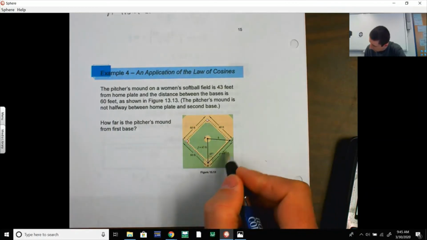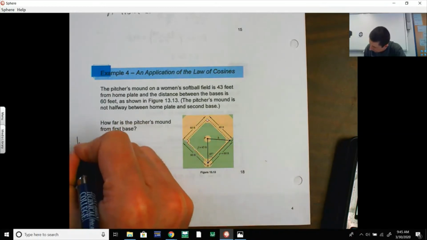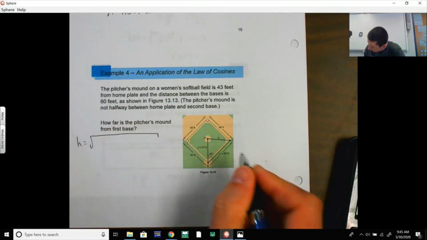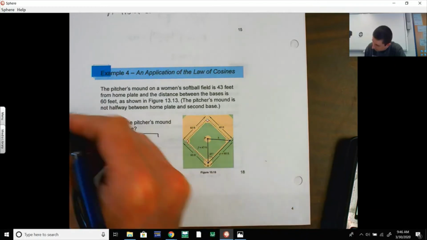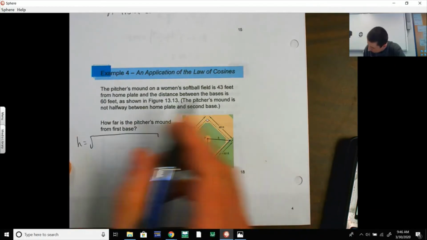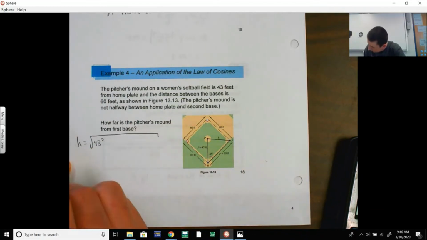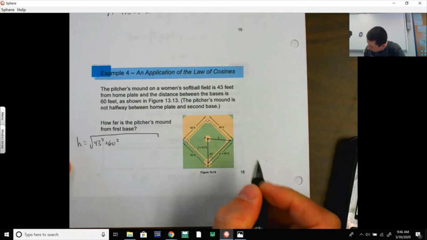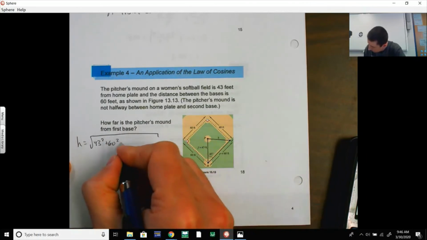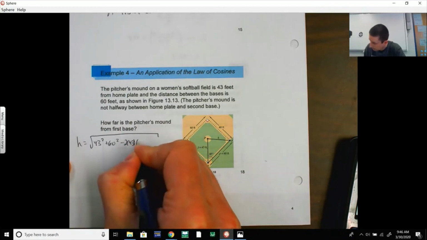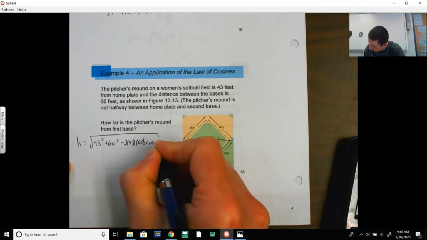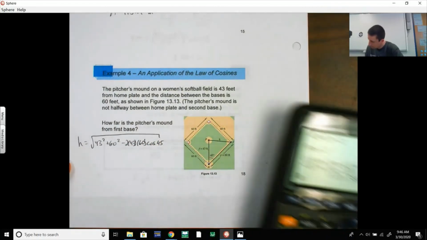We have side, angle, side. So H is going to be the square root of, we're using the law of cosines, 43 squared plus 60 squared minus 2 times 43 times 60 times the cosine of 45. We better be getting 43 from that.